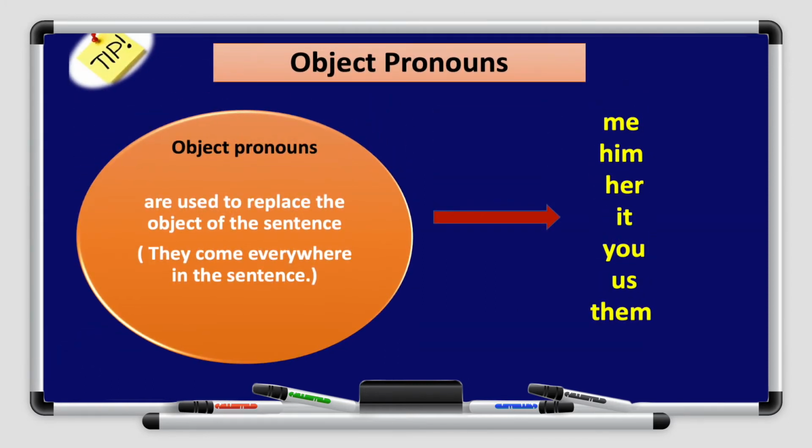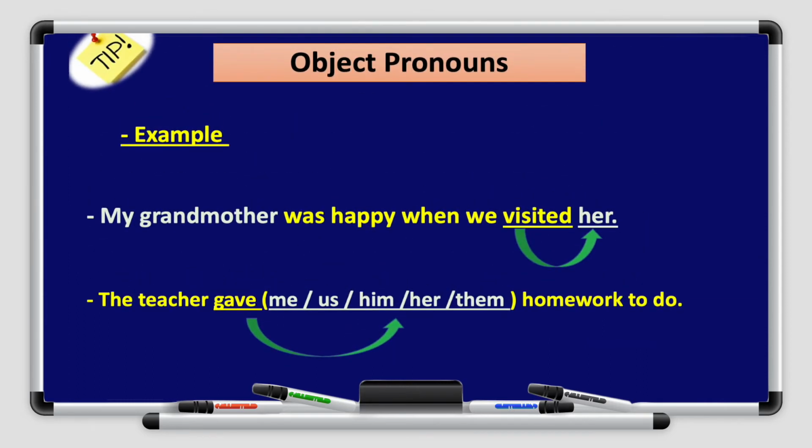And now, what about the object pronouns? The object pronouns are used to replace the object of the sentence. They come everywhere in the sentence. We have me, him, her, it, you, us, and them. Read with me these examples.